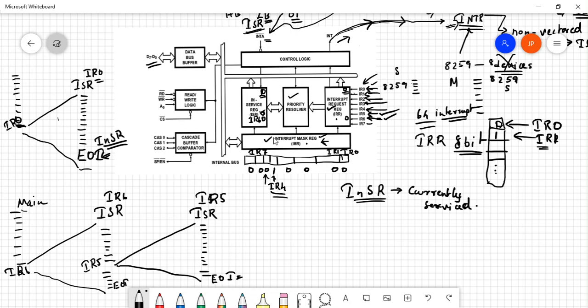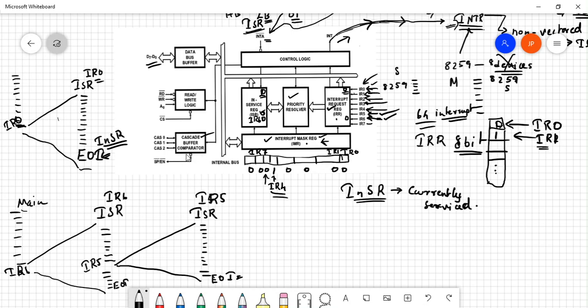I hope the various blocks are very much clear. Now there is a block which is known as the cascade block. We have already seen that you can operate the 8259 in master and slave mode. So this block will be used for connecting the slaves with the master. We'll be discussing it when we discuss in detail the cascade configuration and the initialization of 8259.